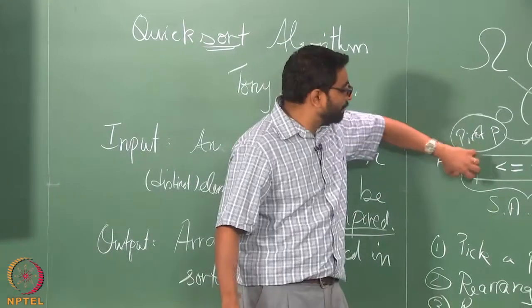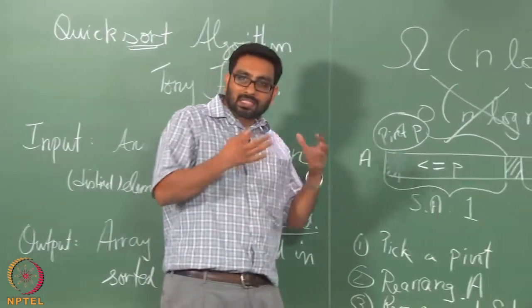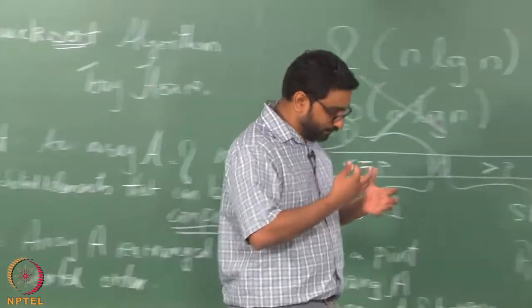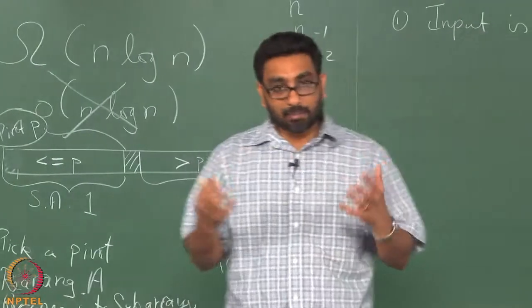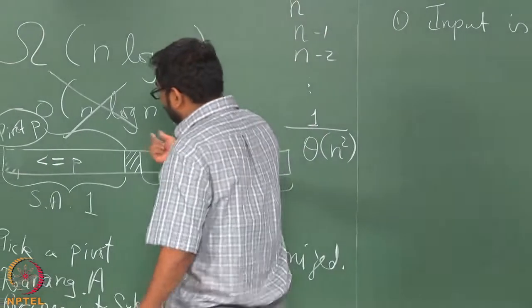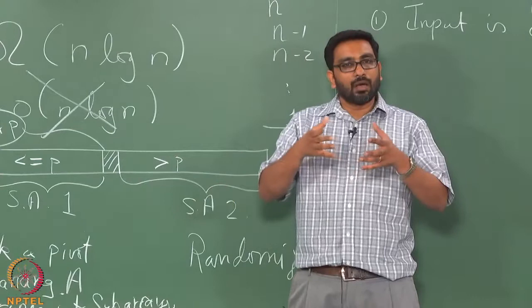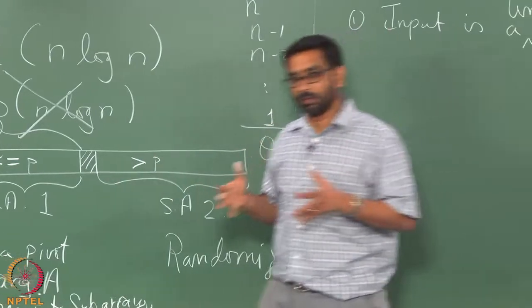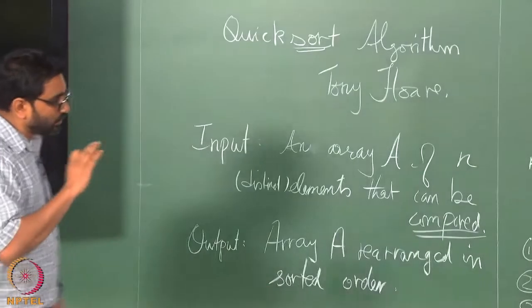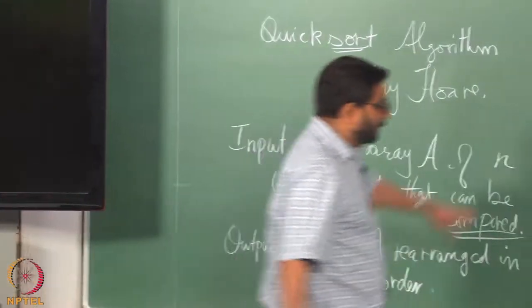So the pivot is likely to be somewhere in the middle, and if the pivot is likely to be somewhere in the middle, then the two subproblems that we will get will be of roughly equal size. Okay, and that is significantly helpful. Let's reason that out a little bit more carefully.